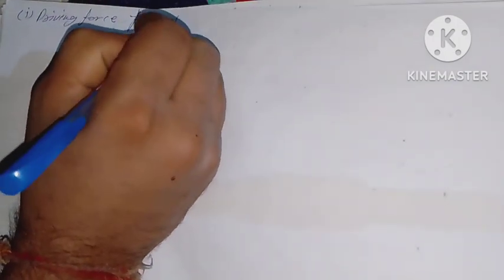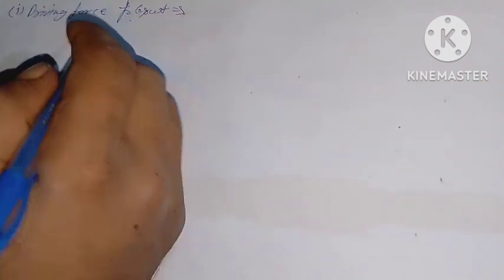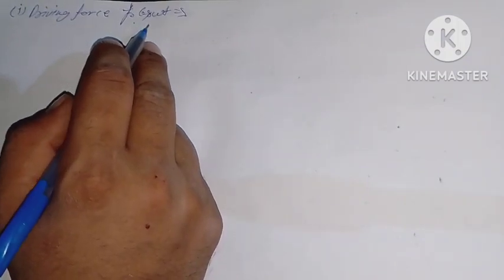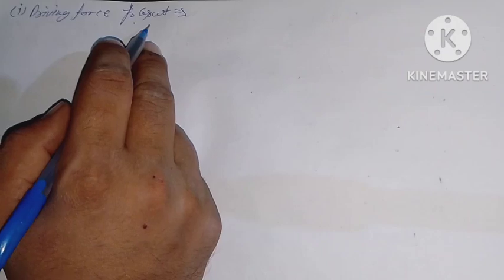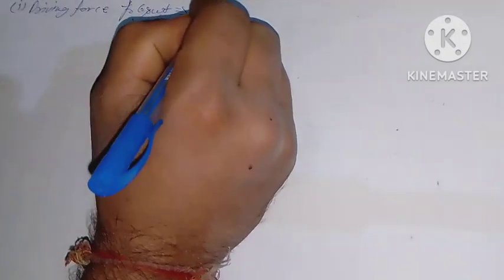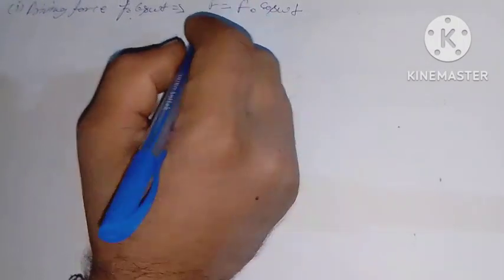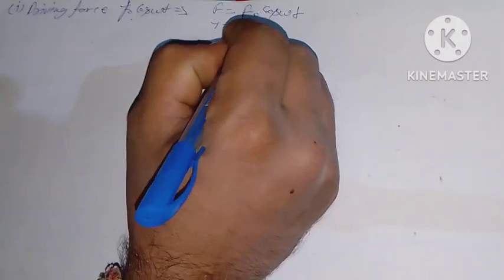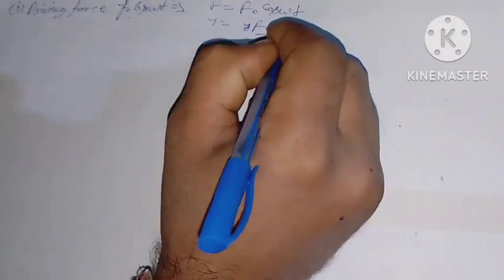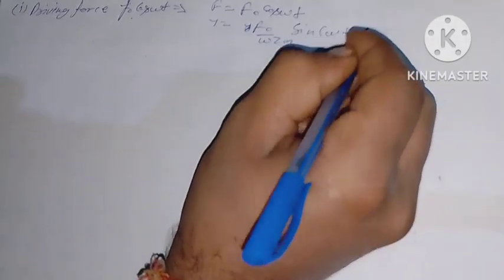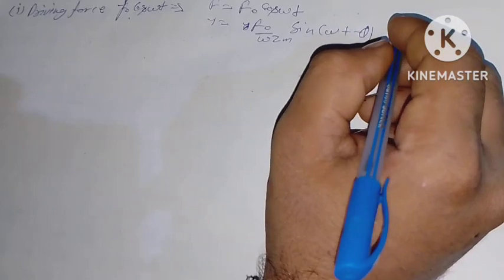When the driving force is given by F equal to F naught cos omega t, the displacement of the forced oscillator in the steady state is given by y equal to f naught upon omega Zm sin omega t minus phi.